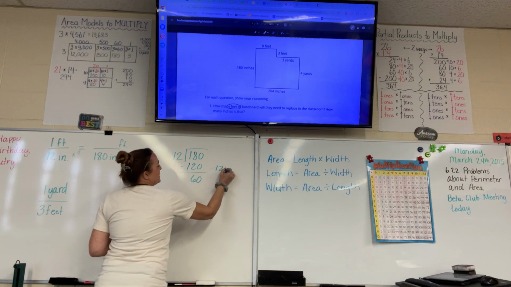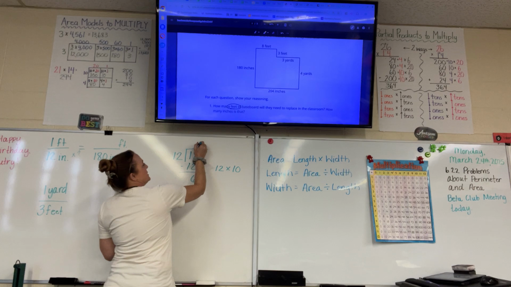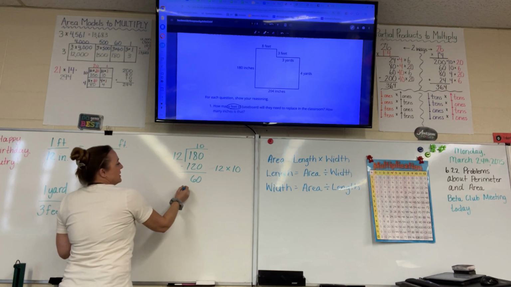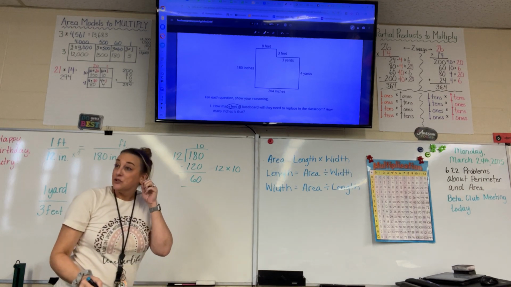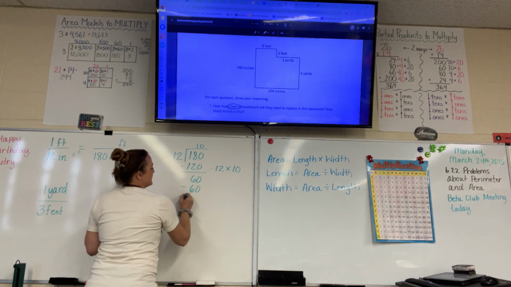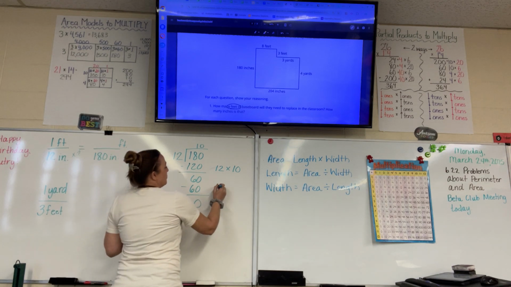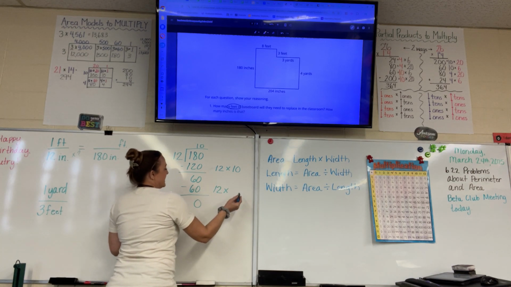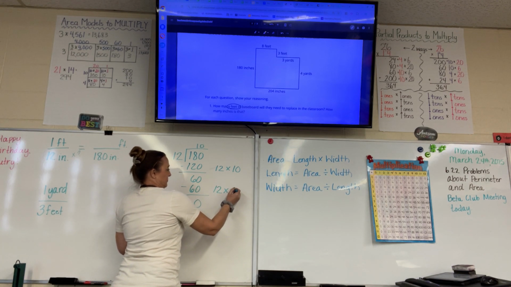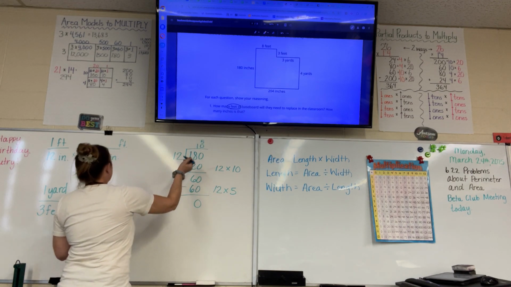And what do you multiply 12 times to get 120? 10. So 10 comes up top. And then, is there a 60 on the 12 row? Yes. So then we're going to just take off 60 because our goal is to get to 0. And what do you multiply 12 times to get 60? 5. So 5 comes up on top, and what's 10 plus 5? 15.